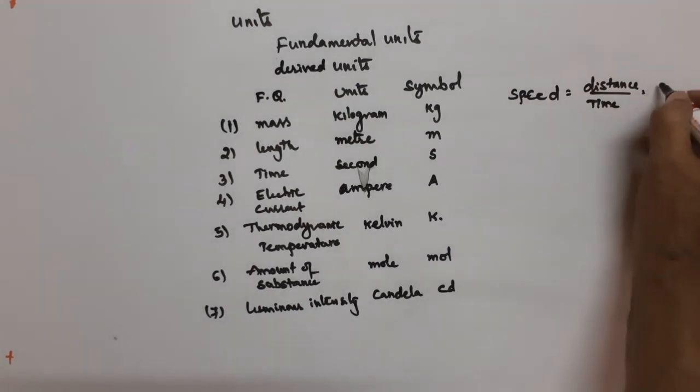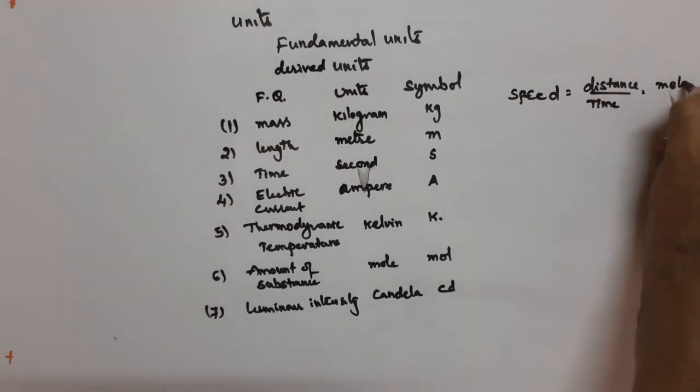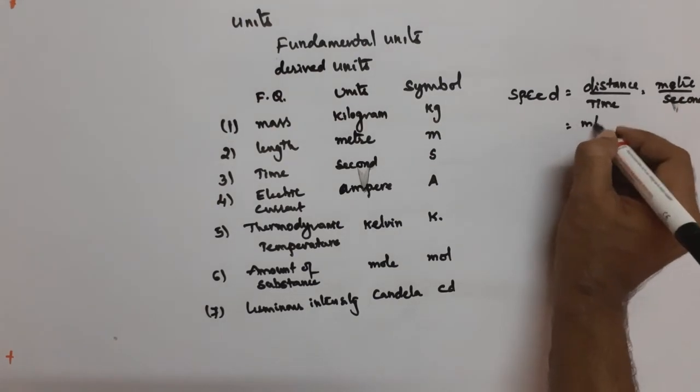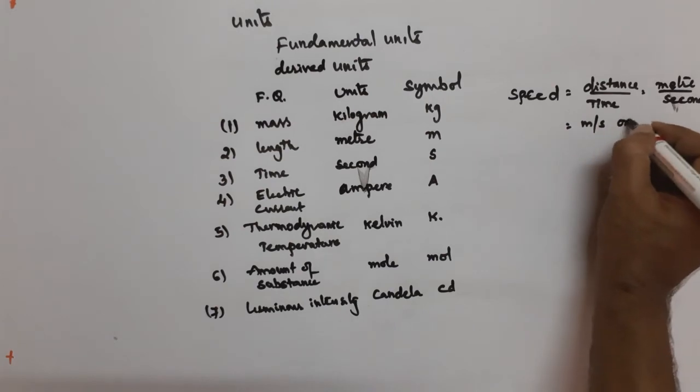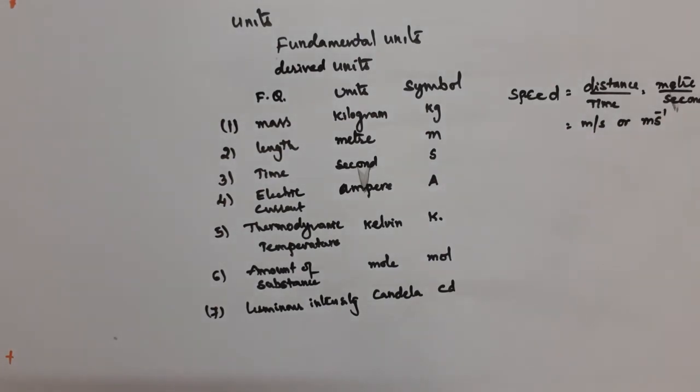For distance, the unit is meter, and for time it is second. So we can write it as meter per second, or meter second to the power of minus 1.